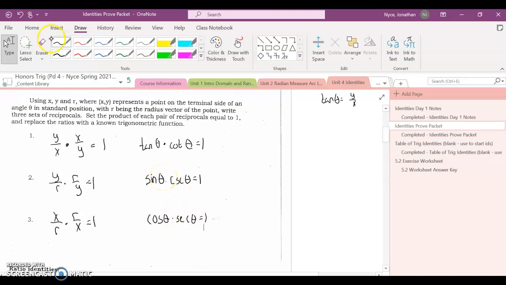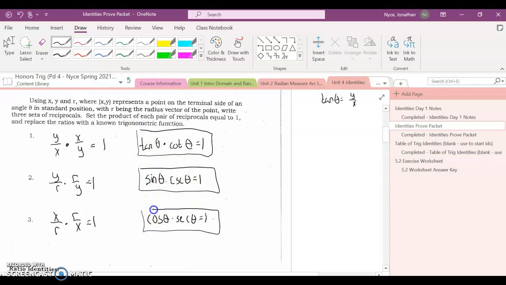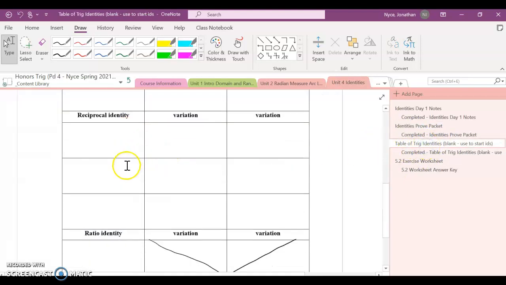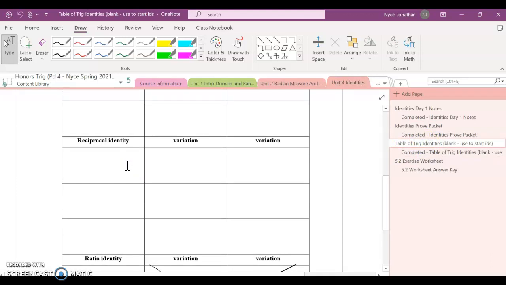So we're going to take these three ideas, these three reciprocal identities, and put those three into that table. So if you go to the table of trig identities, we have these reciprocal identities. We're going to put the three that we just found in this table here.